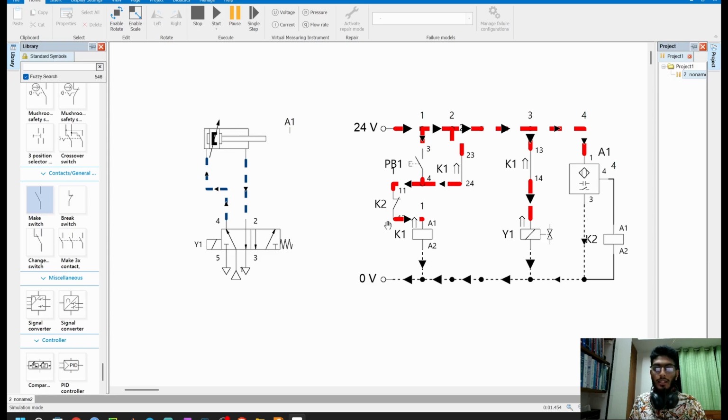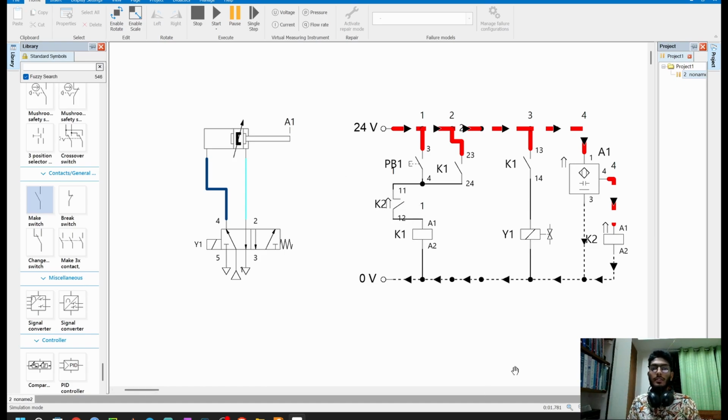See, K1 is latched, K1 is energizing, Y1 is also energizing, and the cylinder is extending. And at the extended position, this proximity sensor will sense that, it is giving signal to K2, and this K2 will then open. See, this K2 is open, and this whole circuit gets deactivated. And for this spring return action, the cylinder will retract.